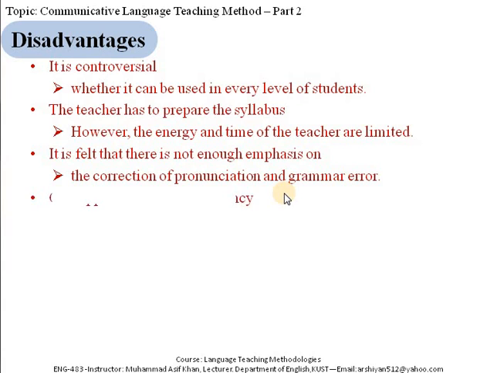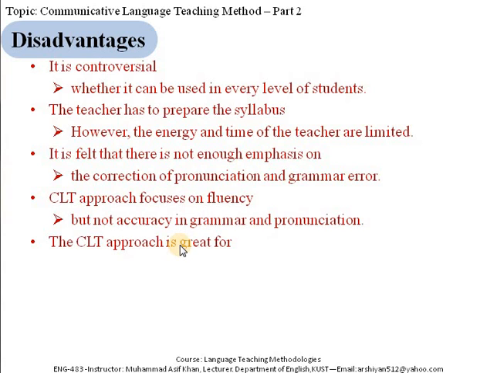It is because of this that there is a focus on the meaning, and they often neglect the form of the language. Another disadvantage of the CLT method is that it focuses on fluency, and there is a lack of interest in accuracy in grammar and pronunciation.